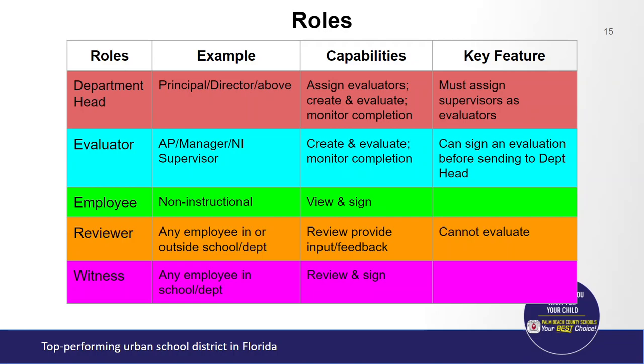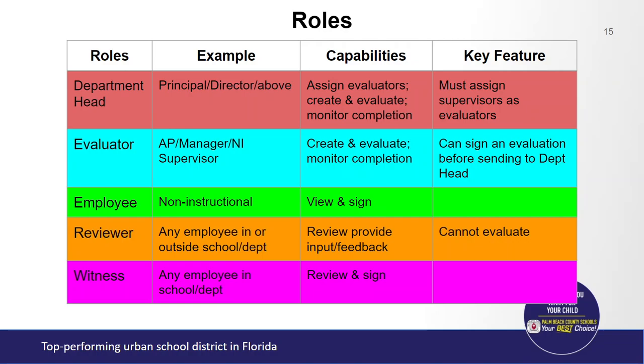A key feature in your role is that after you share the evaluation with the employee and they sign, you have the ability to sign the evaluation before sending it to your department head. So please make sure to check with your department head on whether you need to send the evaluation to them for review before sending it to the employee.